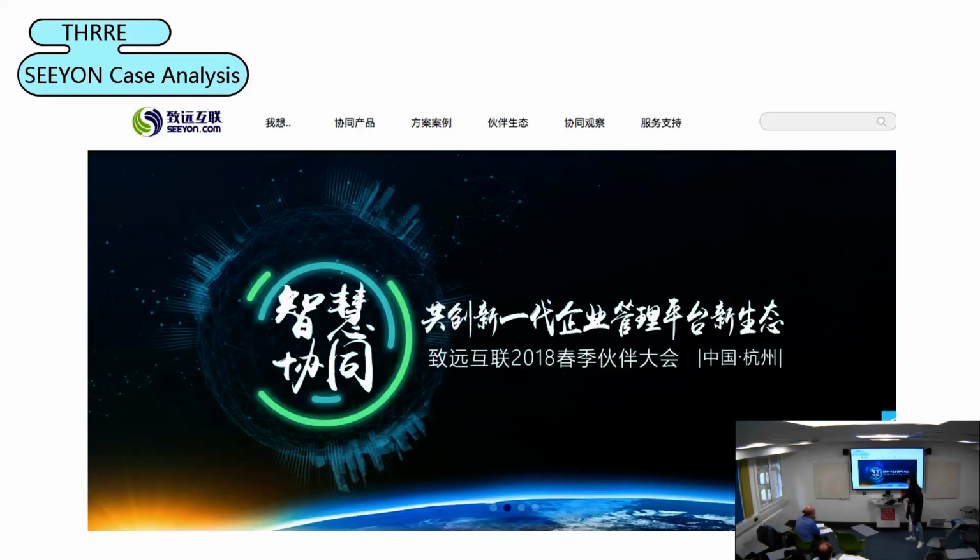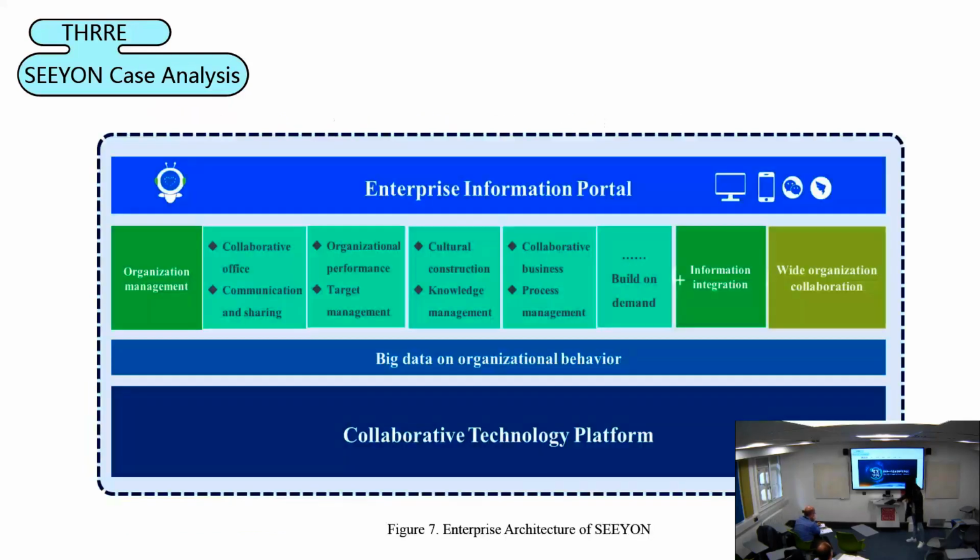And another case is called SEEYON. Actually, this is a kind of software company, and their main product is to develop a kind of system that can support a collaborative network. This is their basic enterprise architecture.